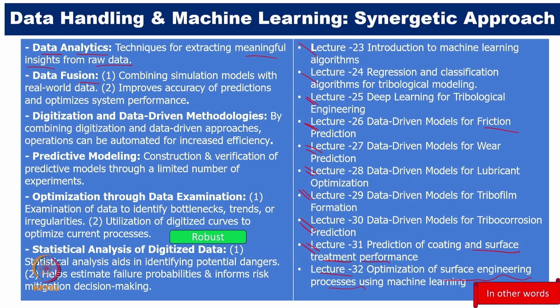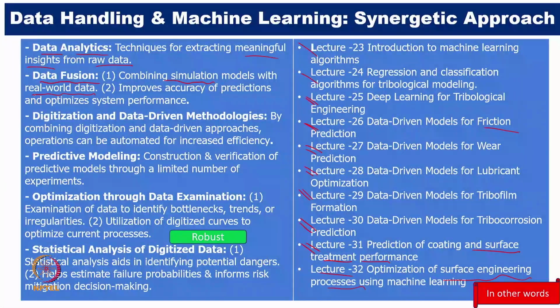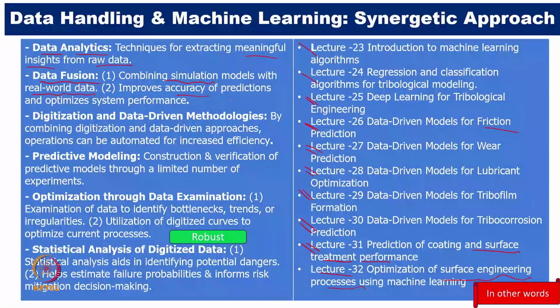We may require to fuse the data, or data fusion. That means we will be combining the simulation models, we will be developing some sort of predictive models, and then we will be using real world data to correct it to suit the real situation. That will improve the accuracy of the prediction and optimize the system performance.